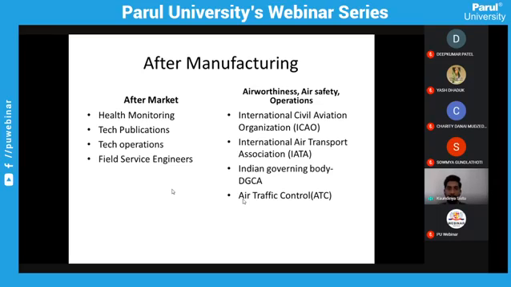In ICAO there is another small part like the International Air Transport Association, IATA. If you've seen in cinemas, control towers and flight path guidance, everything will be taken care of by these guys. ICAO mainly sets the rules, like you guys have safety precautions. Are you following them or not?